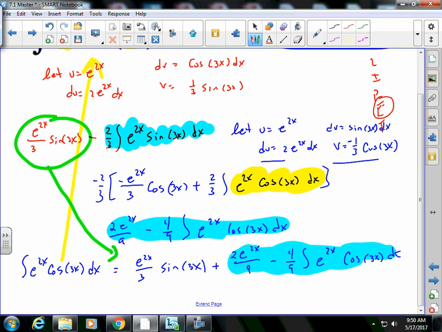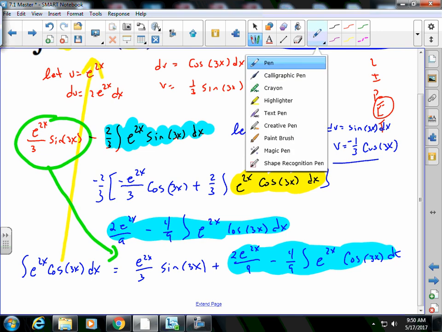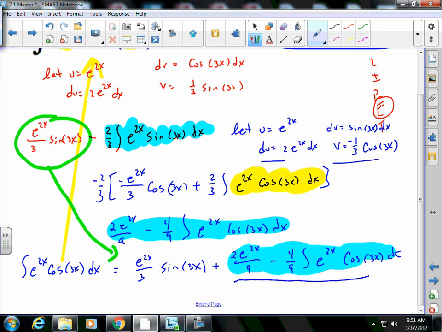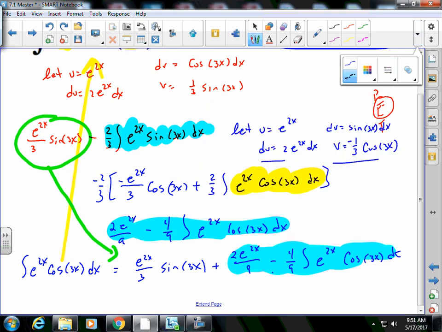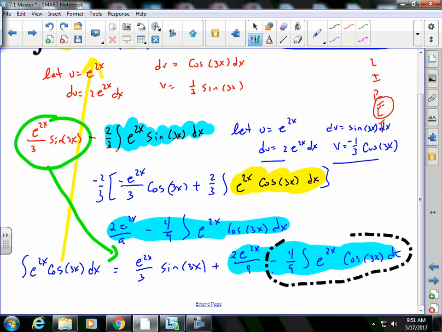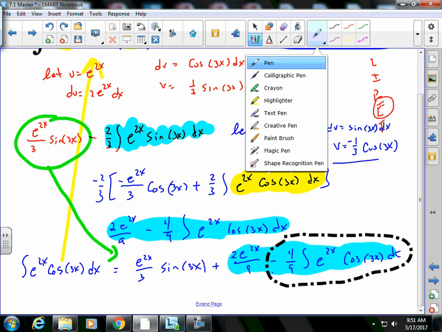Well, it's an equation, and an equation allows me to move things. So what I'm thinking about doing is taking this part here and moving it to the other side of the equation.